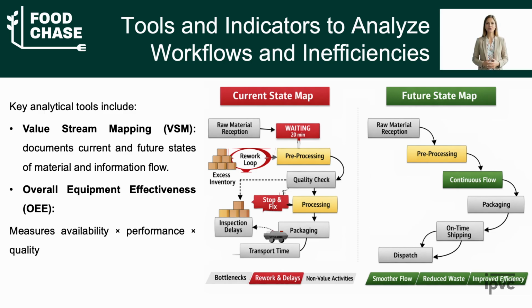Several analytical tools are available to help identify inefficiencies in food processing workflows. Value stream mapping documents the current and future states of material and information flows and helps identify bottlenecks and non-value-added activities. Overall equipment effectiveness measures performance by combining availability, performance, and quality into a single indicator.